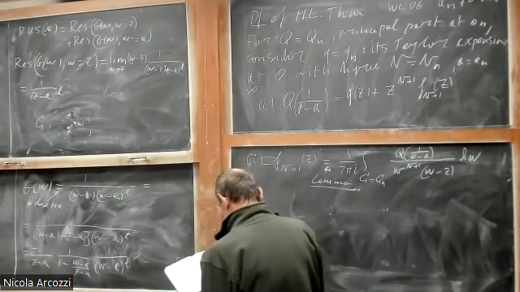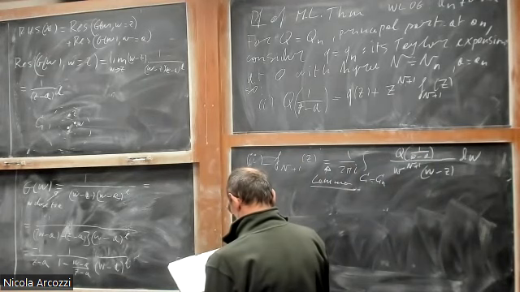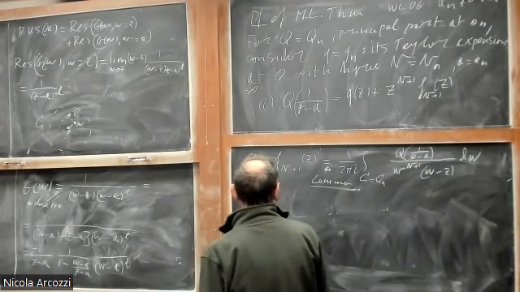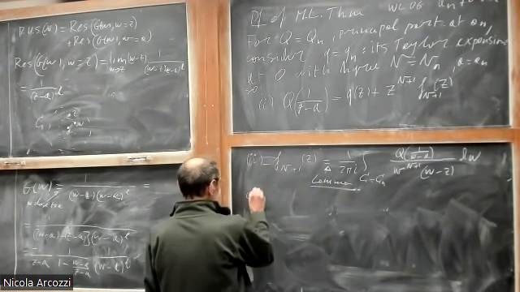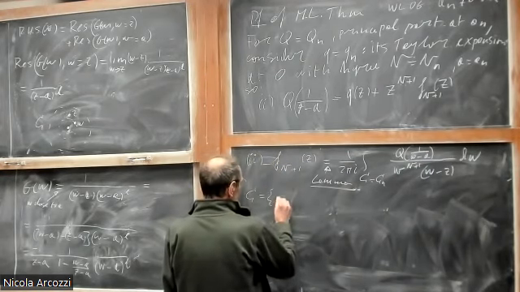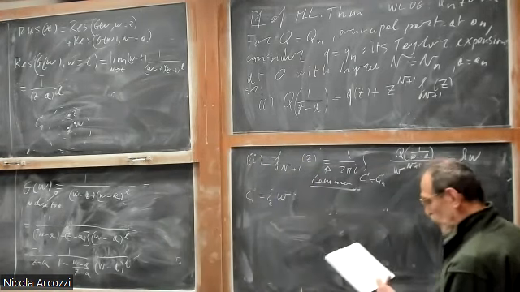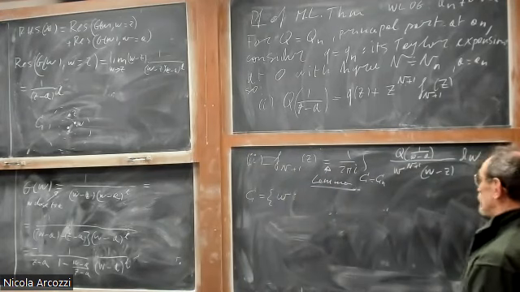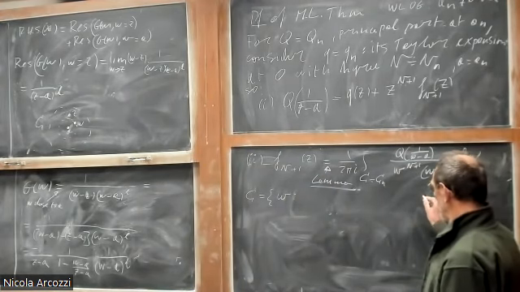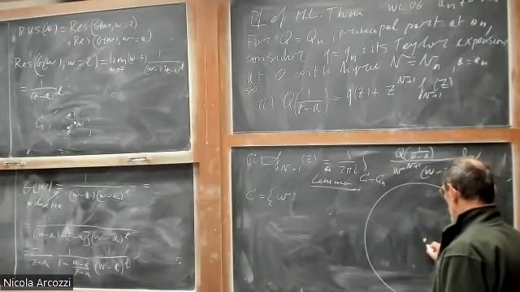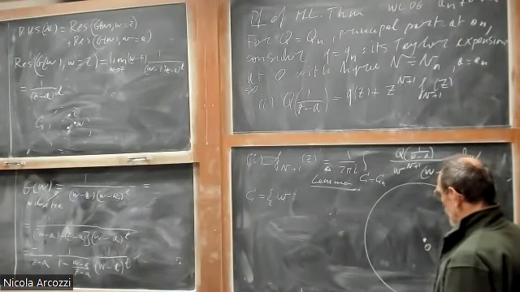And now we do an estimate. So consider C as the set of W's so that, and here maybe I need to draw a picture. So this is 0.